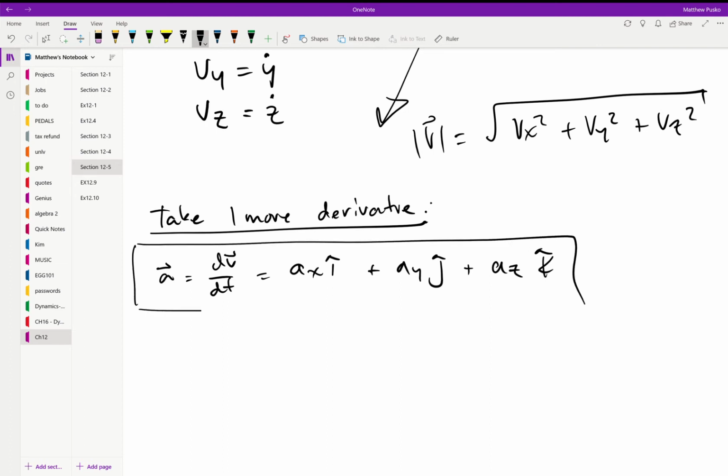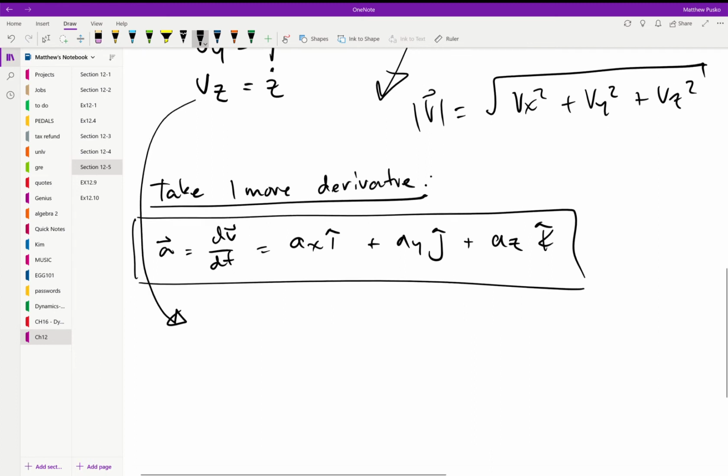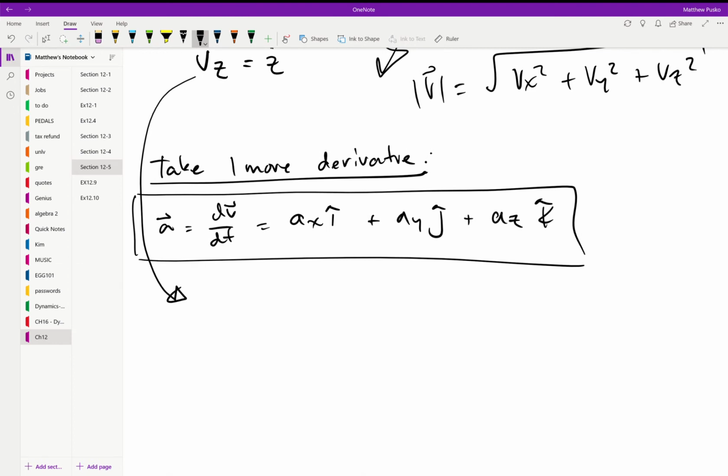We also need to do the same thing with this new notation. I'm going to call the acceleration in the x direction the time derivative of velocity, so v dot x. Now the time derivative of velocity is equal to the second derivative of position, so I can say x double dot.